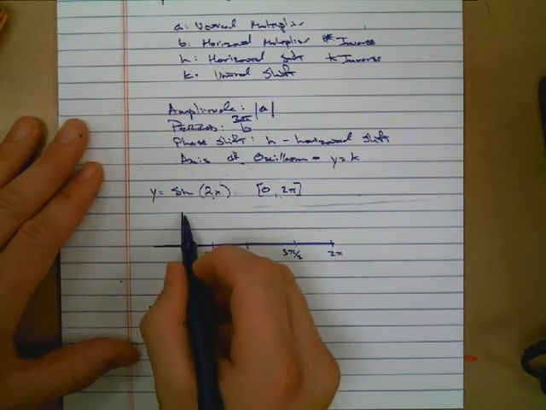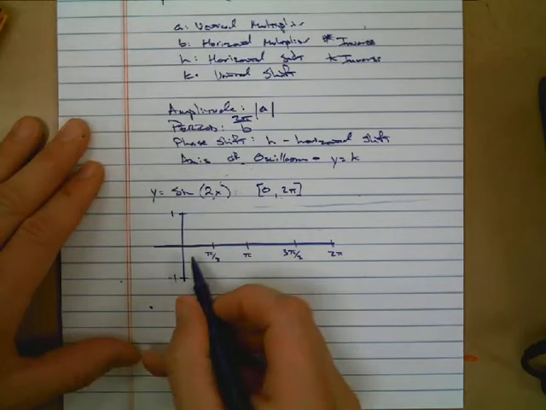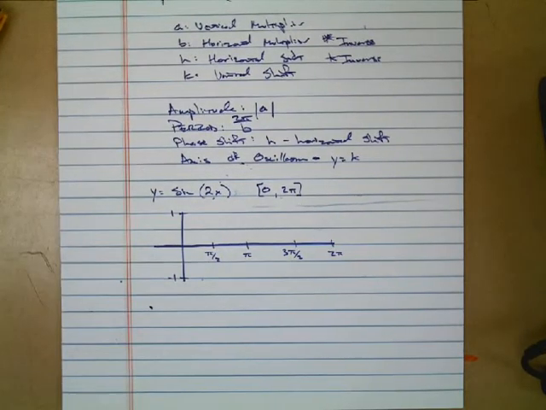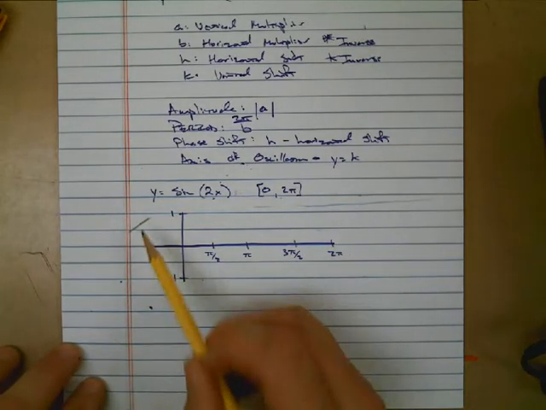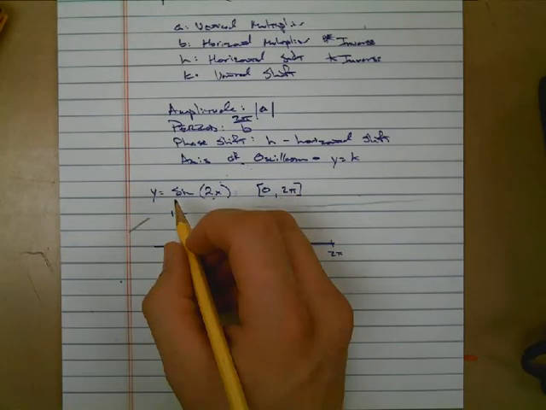To do that, I'm going to use hopefully a pencil. Let's see if it shows up. Yeah, I'm going to use a pencil, and I'm going to graph y equals sine of x. It went from 0 to 1 to 0 to negative 1 back to 0.